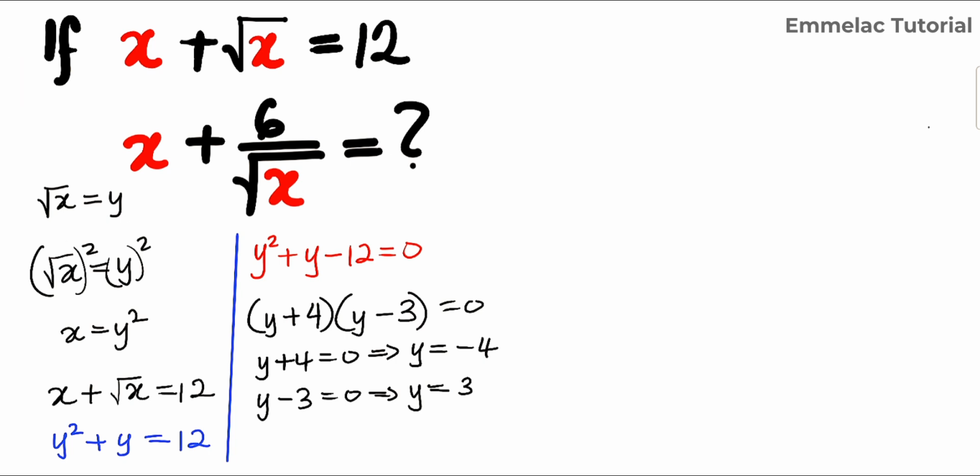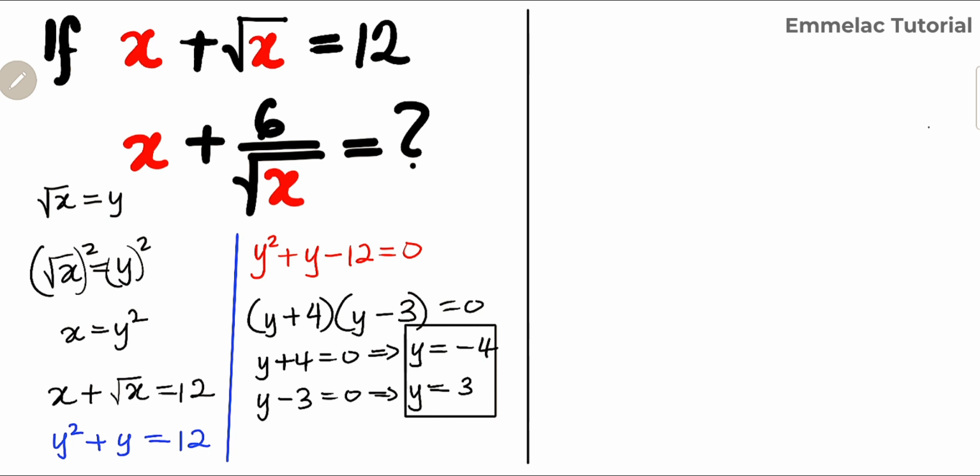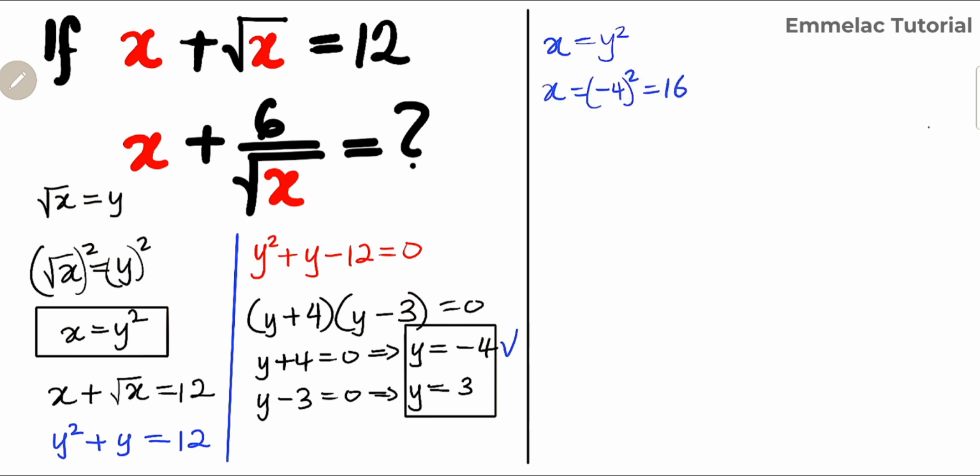Let us now find the value of x from these two values of y. We can say here that x equals y squared. So for when y equals negative 4, our x will be negative 4 all raised to 2, which gives us 16.